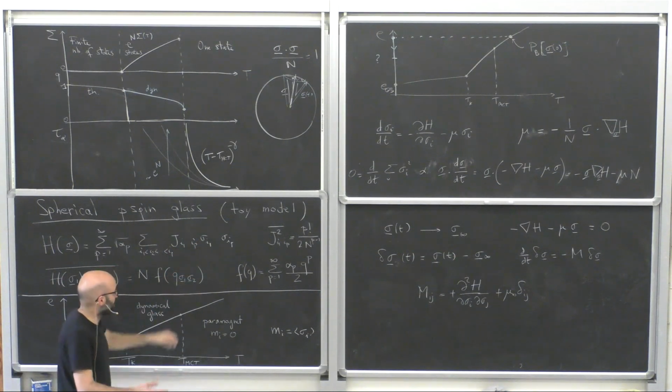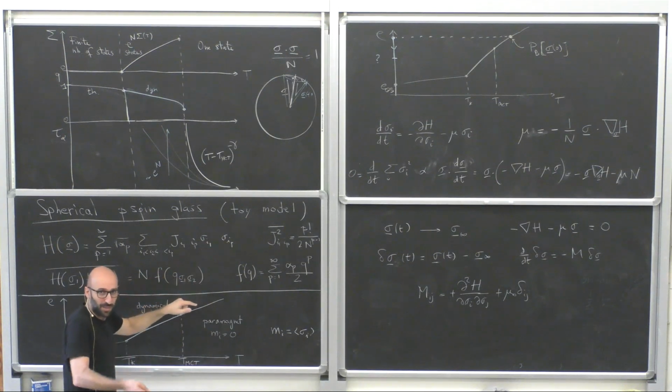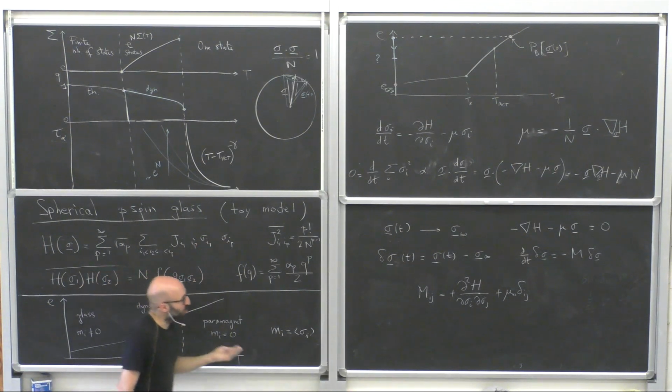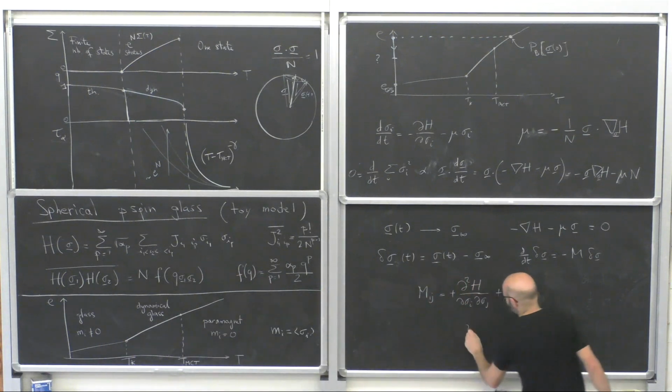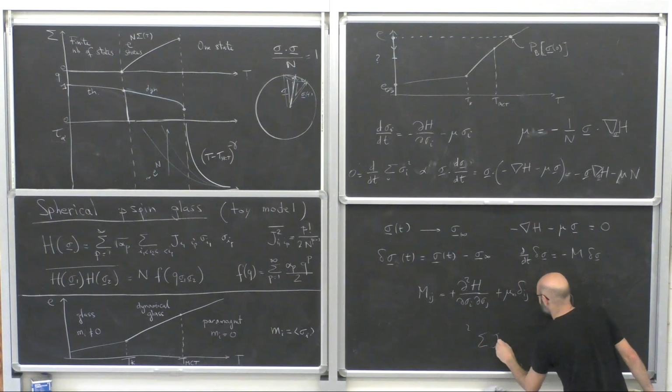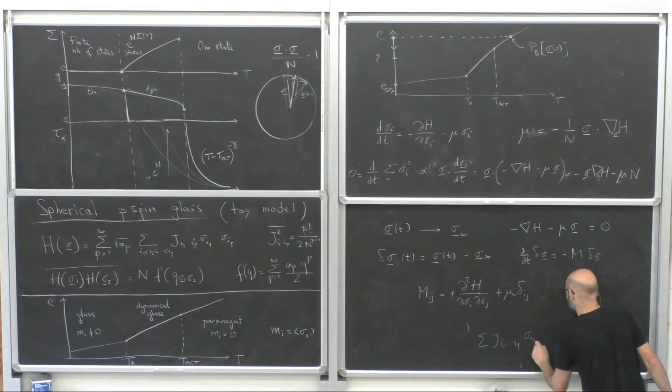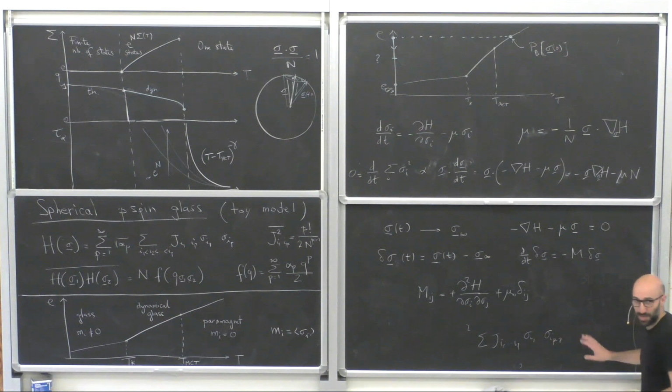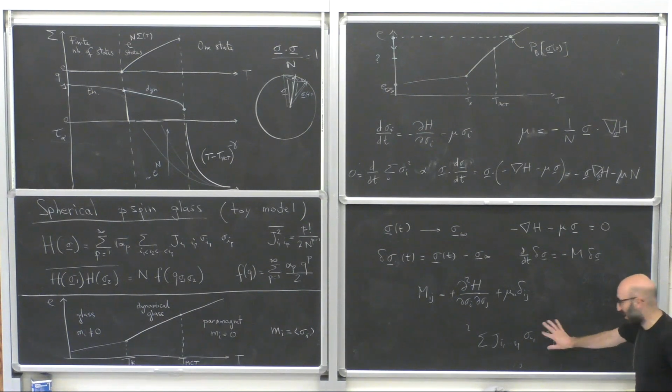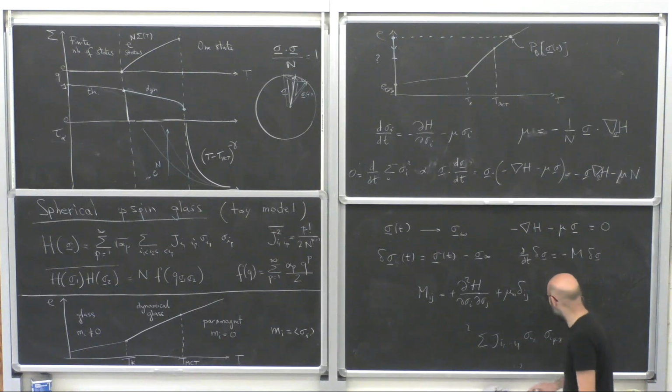When I take a derivative, I drop one. When I take the second derivative, I drop another one. So this is something like a sum of J i1 ... ip times sigma i1 ... sigma ip minus 2. I mean, I have two fewer spins.